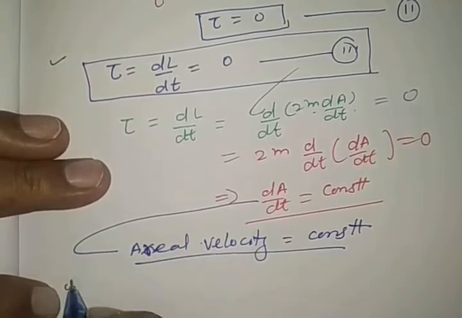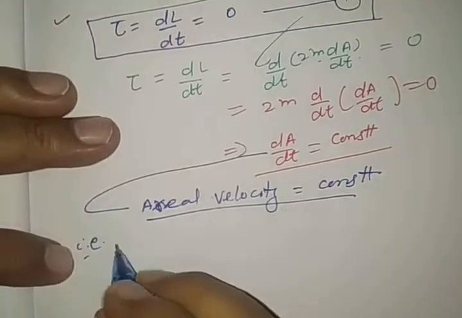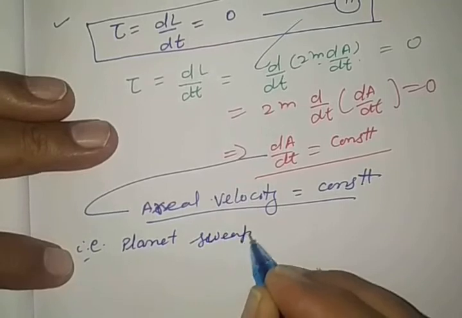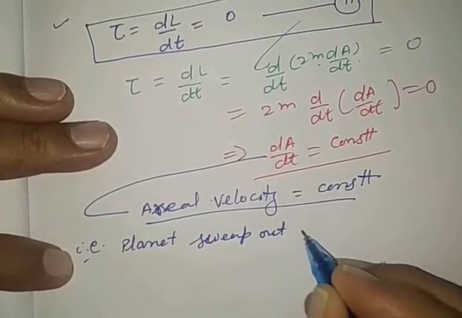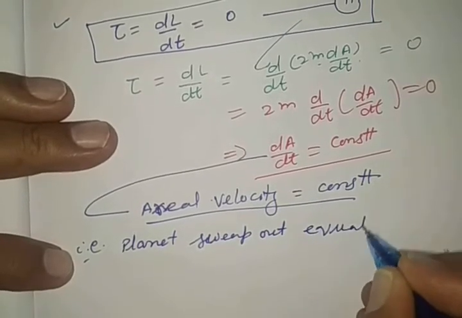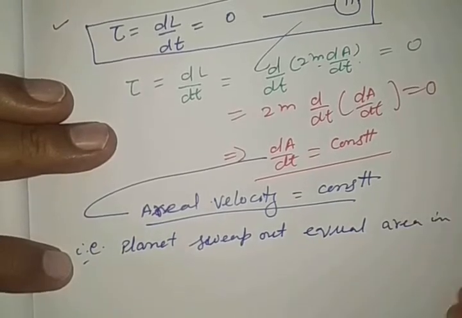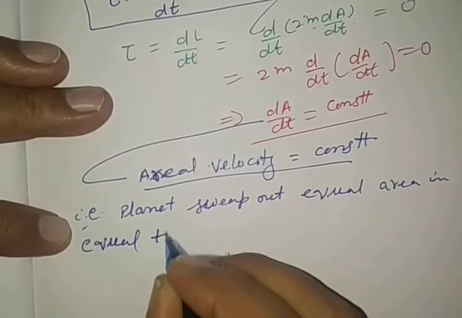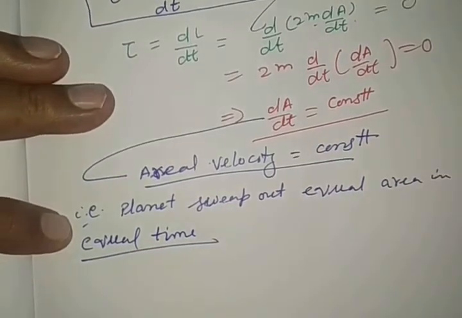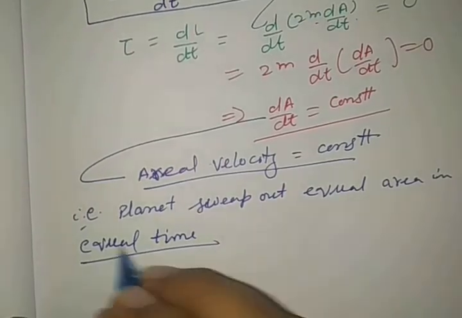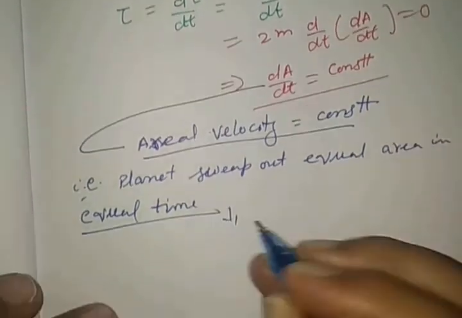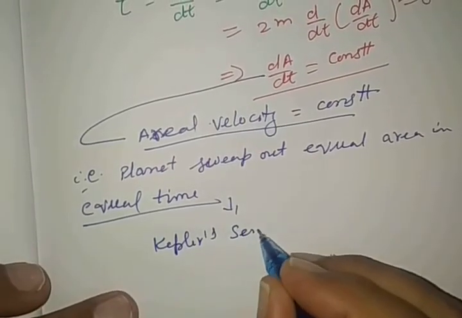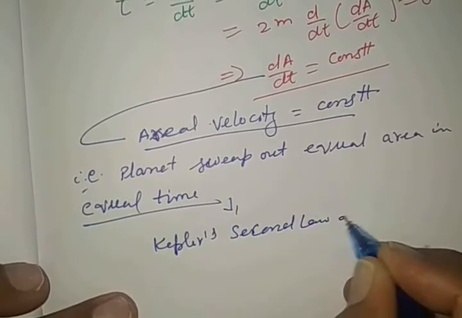That is, the planet sweeps out equal area in equal time. And this is called Kepler's second law of planetary motion.